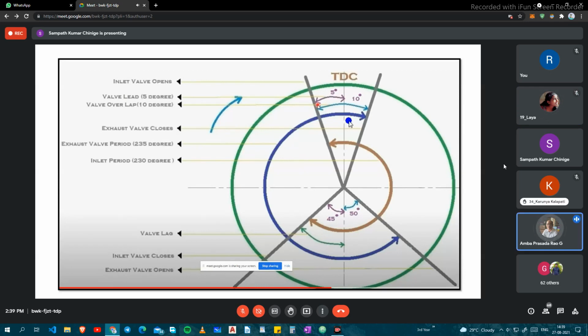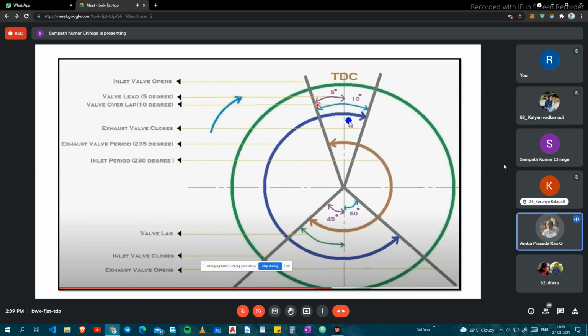1 by 400 means 0.0025 seconds. So if you blink your eyes, how much time will it take? Less than that time you are giving for the combustion to take place.